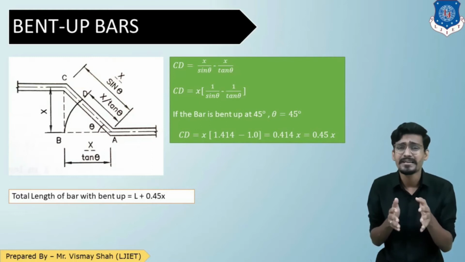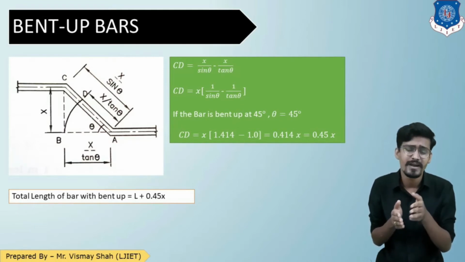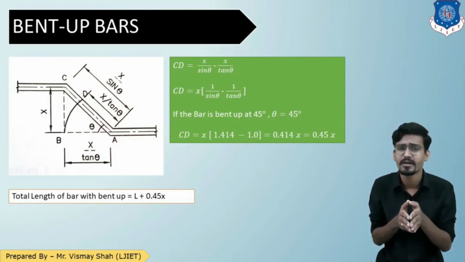Here the bent up is generally considered at an angle of 45 degrees, which is the ideal condition. So theta will be 45, and we replace theta with 45. That is how we get 0.45x.